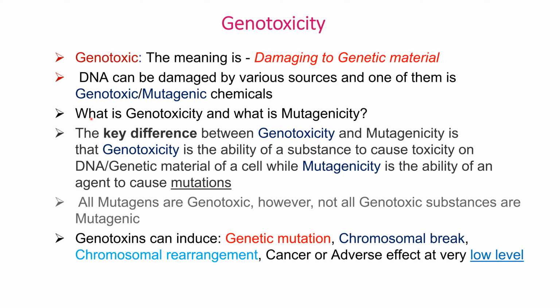Now, the question is, what is genotoxicity and what is mutagenicity? The key difference between genotoxicity and mutagenicity is that genotoxicity is the ability of a substance to cause toxicity on DNA or genetic material of a cell, while mutagenicity is the ability of an agent to cause mutations.